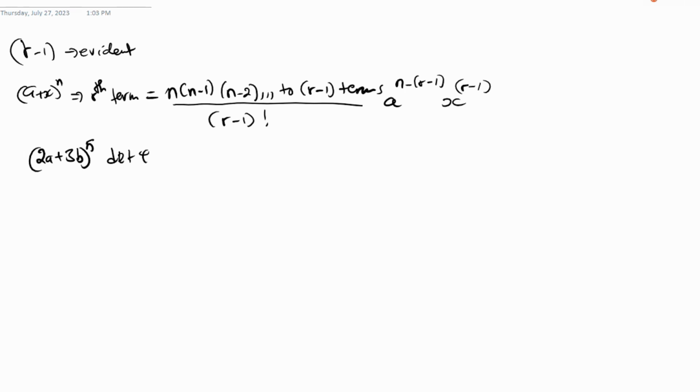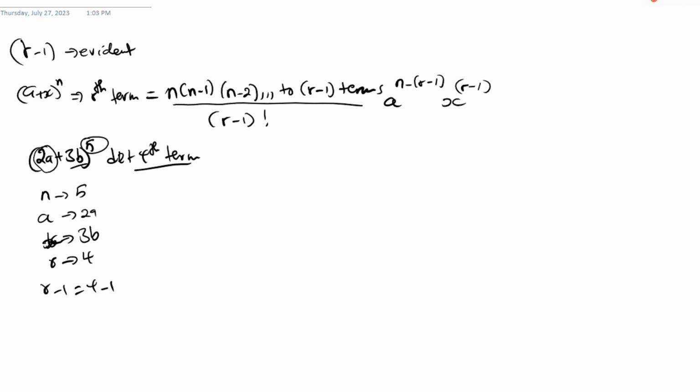In this case, our n is 5, our a becomes 2a, and our x is 3b. Our r is 4, because we are looking for the fourth term, and r minus 1 is 4 minus 1, which is equal to 3.